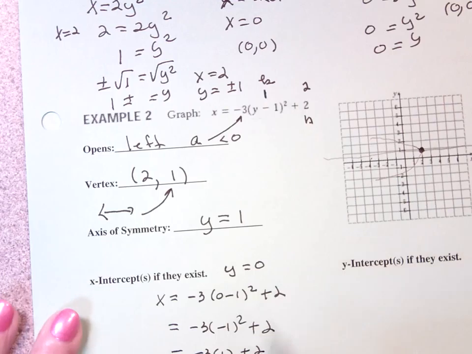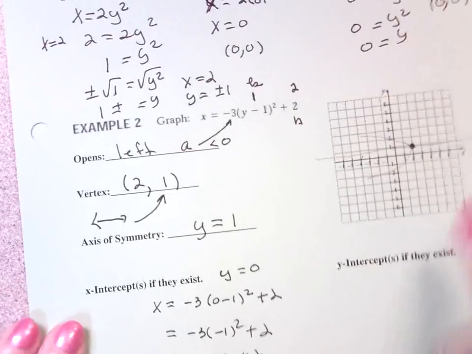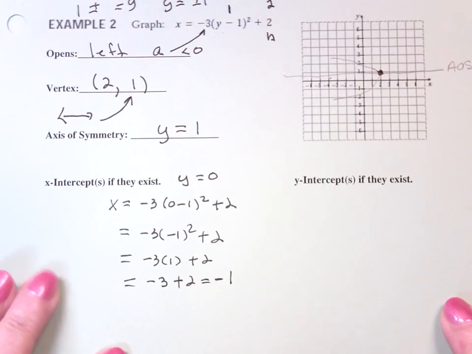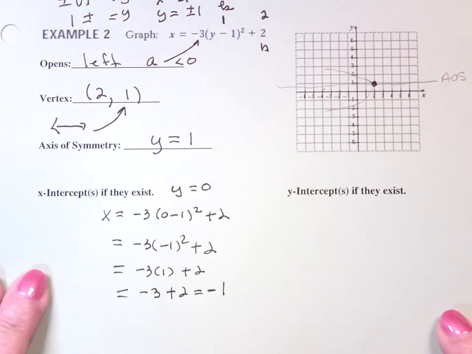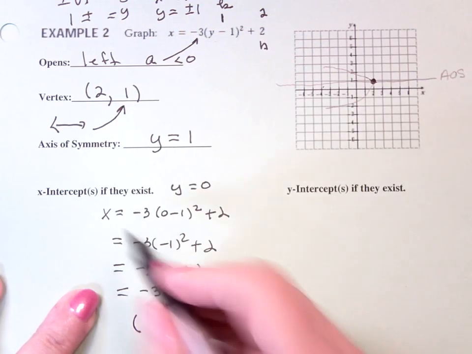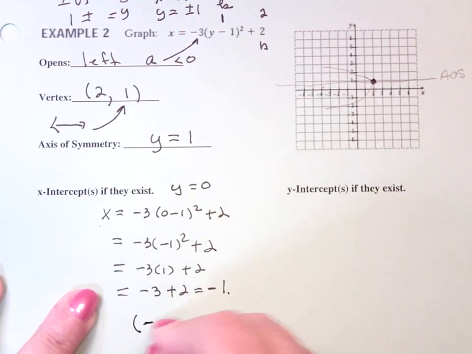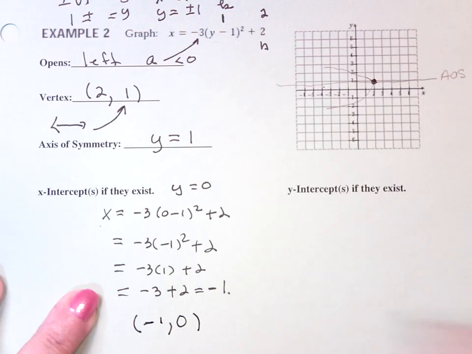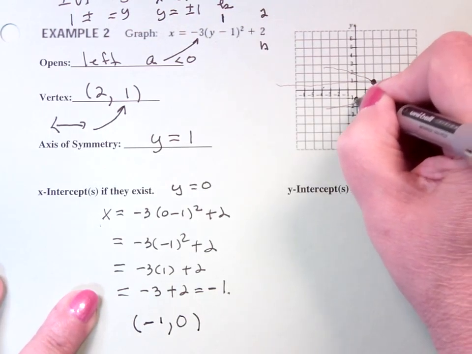So I have an x-intercept at x equal -1 and y equals 0. So right here.